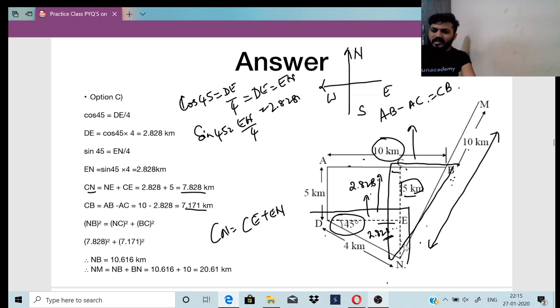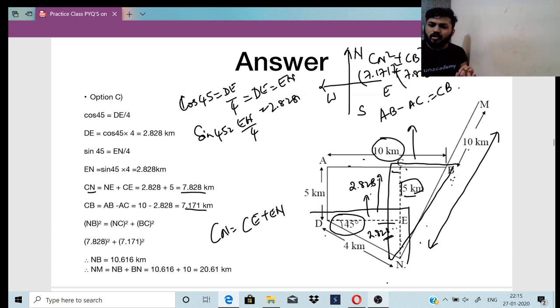So by the Pythagoras theorem, CN square plus CB square equals BN square, right? CN is 7.828 and CB is 10 minus 2.828, 7.171. The square of both, which is equal to BN square.